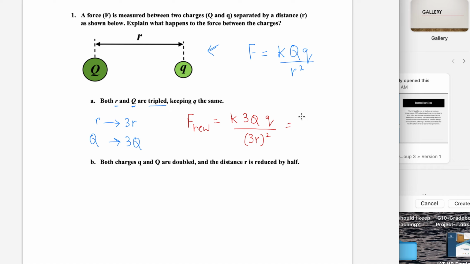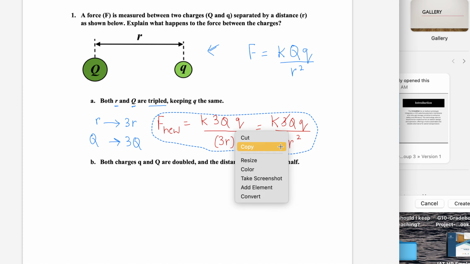Now I'm just going to simplify. 3 squared will give you 9, and the square is for both 3 and r, so r will be written as r squared. Now this 3 and this 9 we can cancel out: 3 times 3 gives you 9, so you'll get 3 in the denominator. Let's rearrange and write it properly to visualize what happened to the new force.